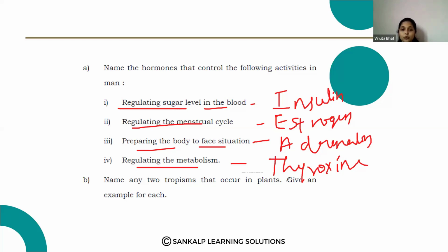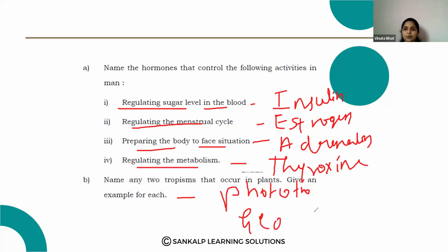Name any 2 tropisms that occur in plants. Give an example for each. So that is phototropism and the geotropism or chemotropism. Any examples you can write. Phototropism, that is the bending of the plants towards the light, the stem that bends towards the light.